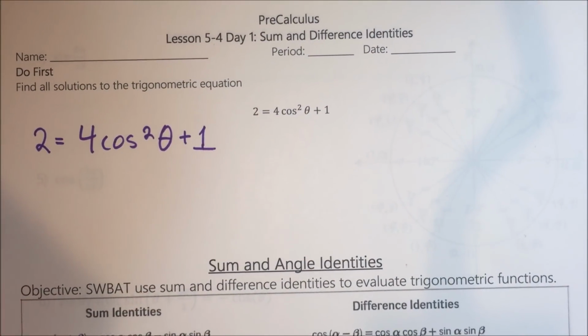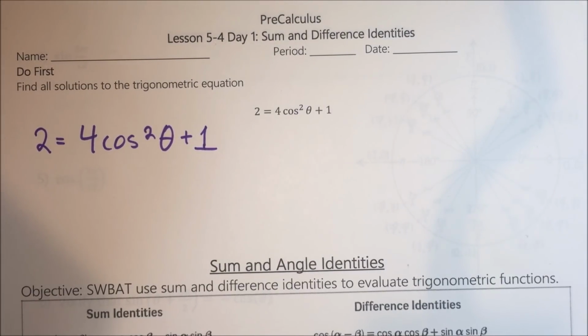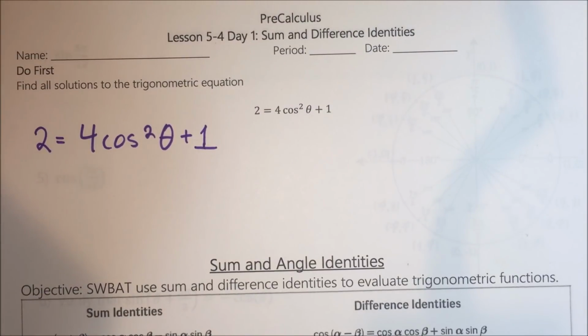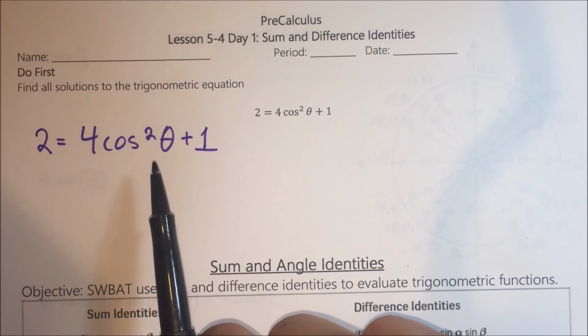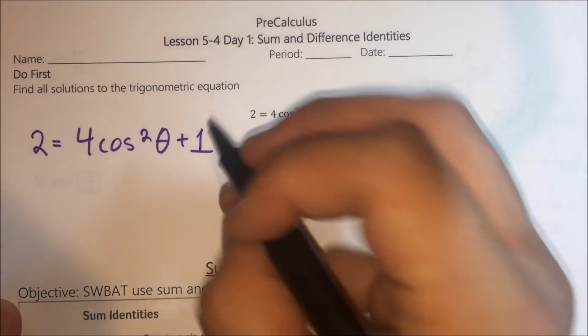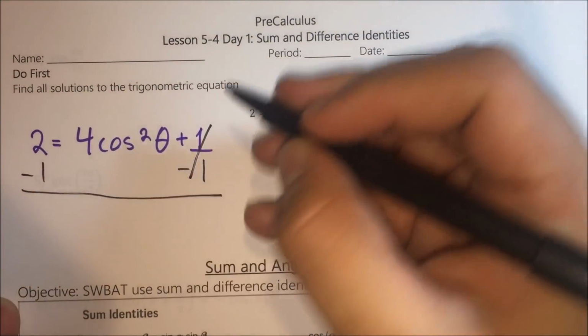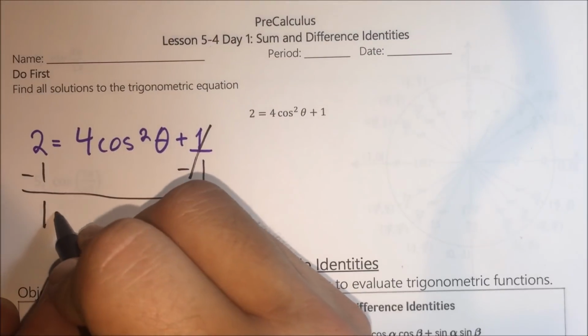Okay, so first step, what do we want to do? The big thing we always want to remember when dealing with trigonometric equations is to isolate the trigonometric expression, which in this case is cosine that has a square. So the first thing we're going to do is subtract 1 from both sides. The 1s cancel, and 2 minus 1 is of course 1.